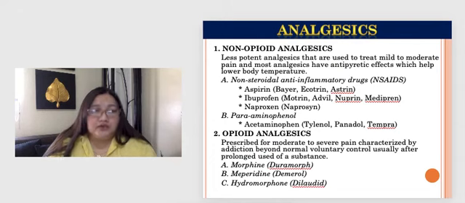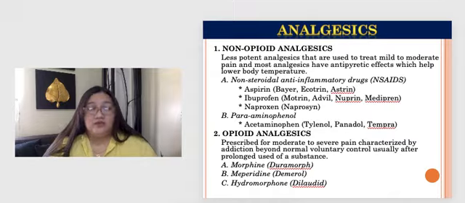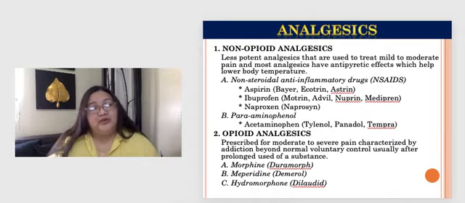Okay? Third, non-opioid analgesics ay hindi addicting. Pero yung opioid analgesics, they cause addiction. Which means, merong psychological and physical dependence beyond voluntary control. Usually after prolonged use of the opioid analgesic. Alright? What now are the non-opioid analgesics?